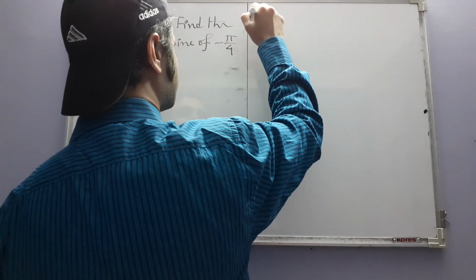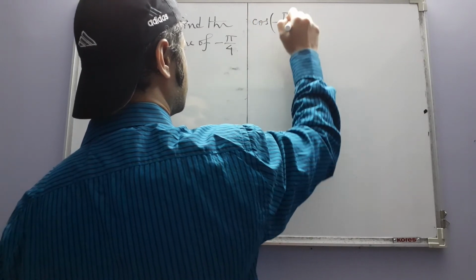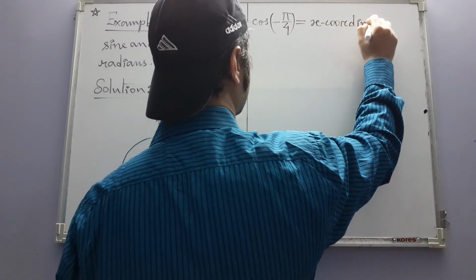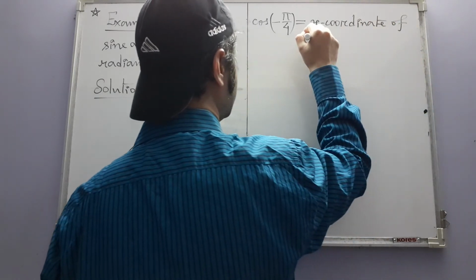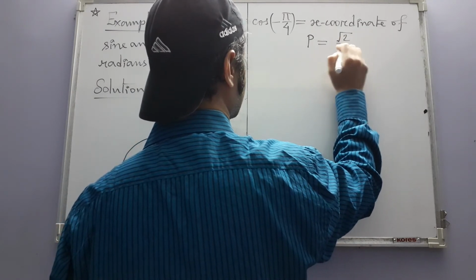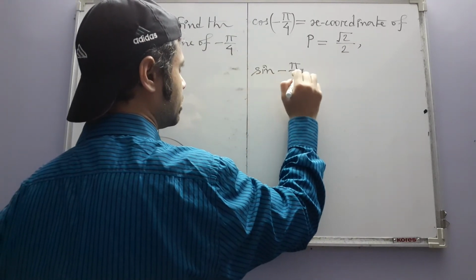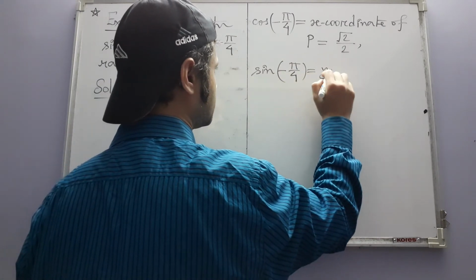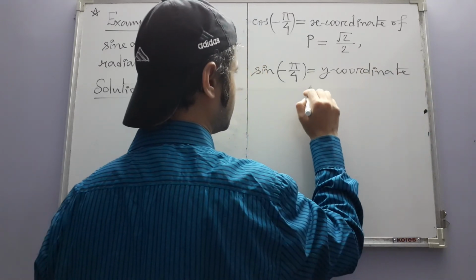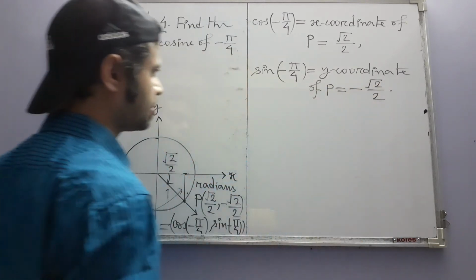That is, cos minus pi by 4 is the x coordinate of P, which is this, and sine minus pi divided by 4 is the y coordinate of P, which has the same magnitude but it's accompanied with a minus sign.